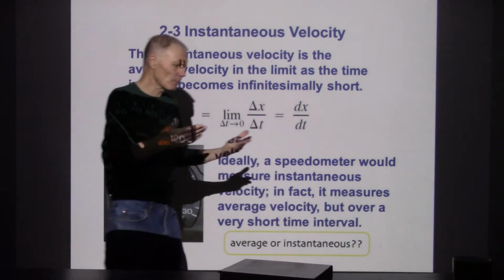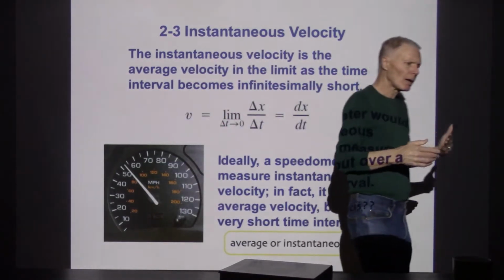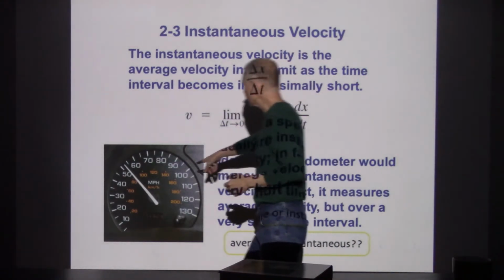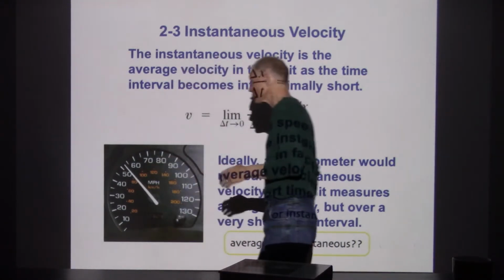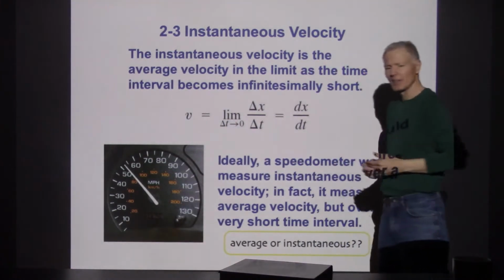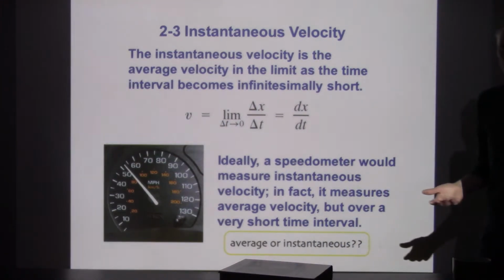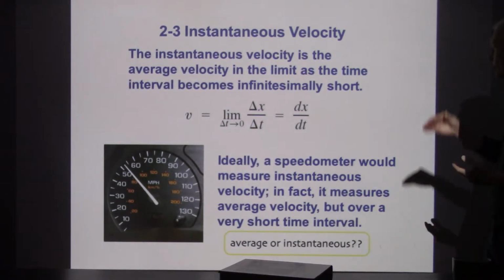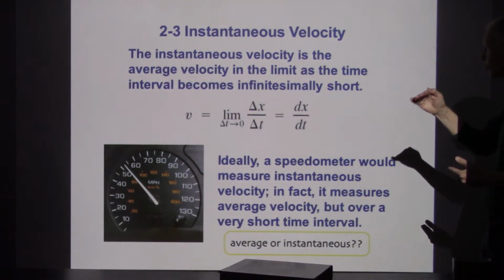If I speed up a little bit, I slow down a little bit, the speed at which that cable's turning around is going to change, and that's going to show up as a difference in my speedometer. So I've always thought of speedometers as kind of an instantaneous velocity. The claim here is that it's actually just measured over a very short time period.